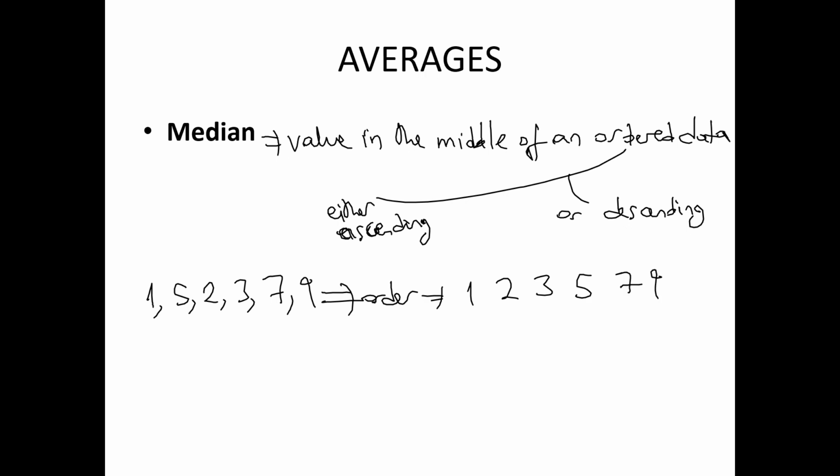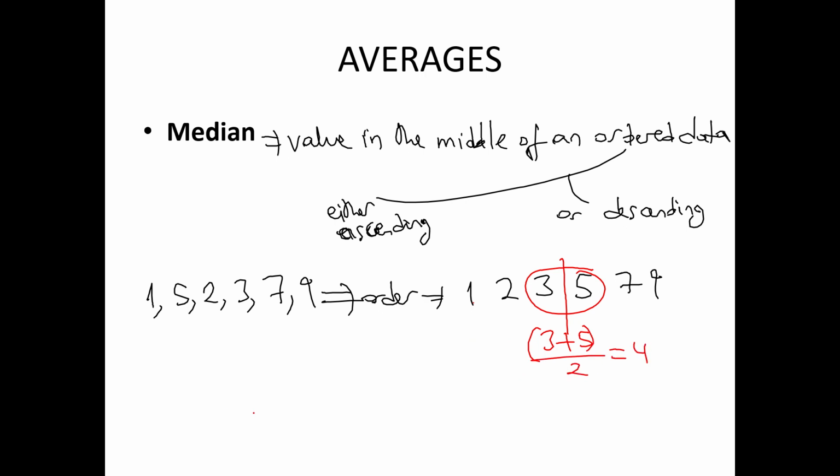The value in the middle is here, because you have 3 values on one side and 3 on the other. Since we don't have an exact value in the middle, we just take the average of the two: 3 plus 5 divided by 2, which is 4.